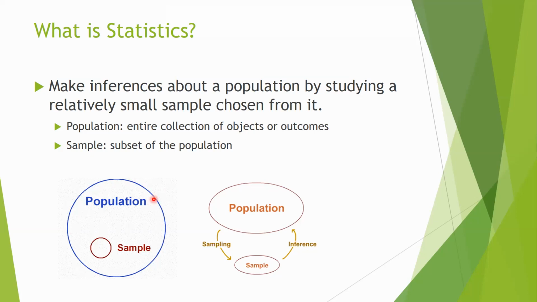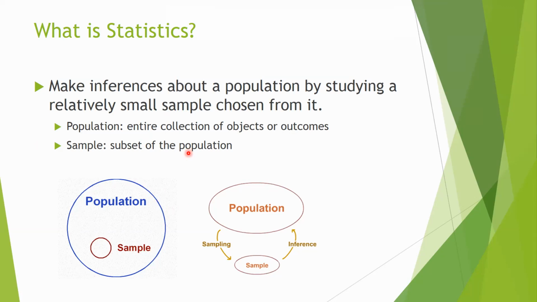For example, if we want to know the average height of human beings on this planet, the best way is to measure everybody's height and get the average. But that is impossible because the population is too large. It is impossible for us to do this kind of exhaustive measurement.